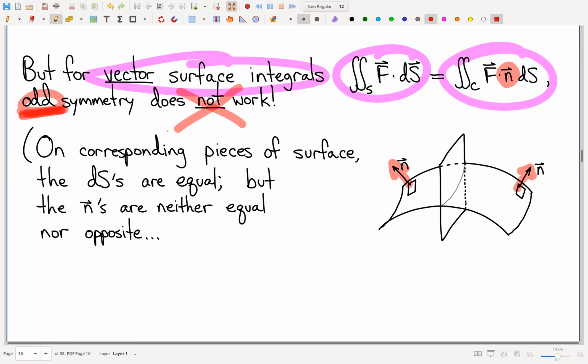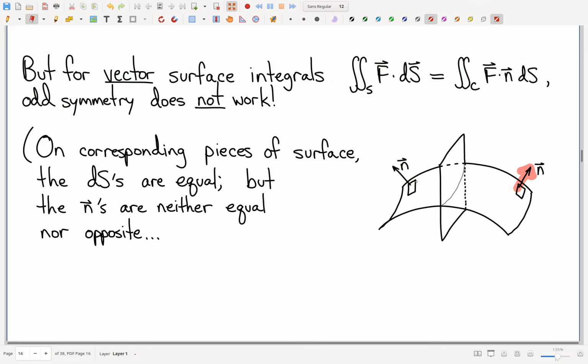So be super duper careful about that. Remember, symmetry theorems are very powerful, very wonderful, but dangerous. You have to be super careful that you only apply them when they actually fit, when all the conditions are satisfied. Please don't accidentally try to apply an odd symmetry theorem to a vector surface integral. It does not work.